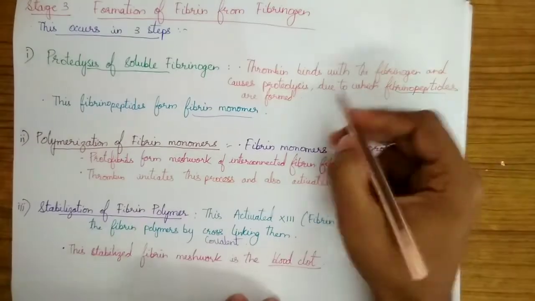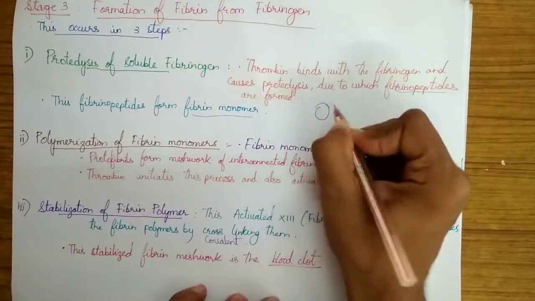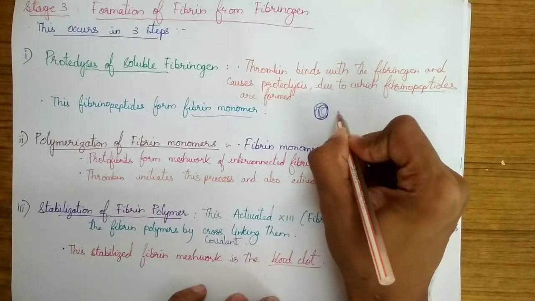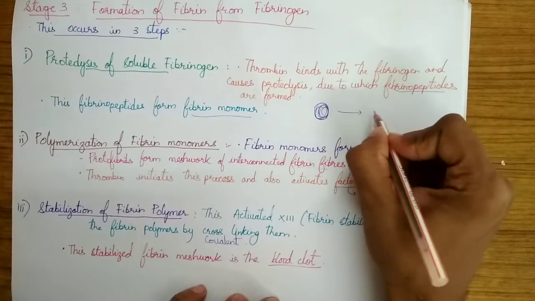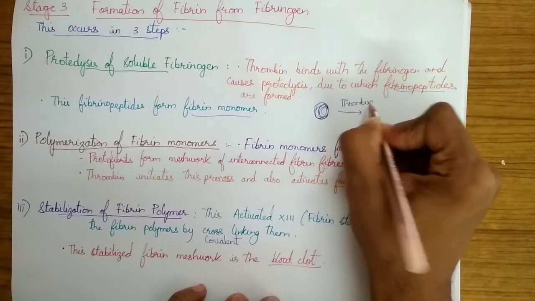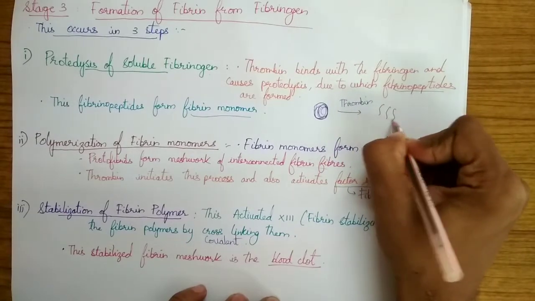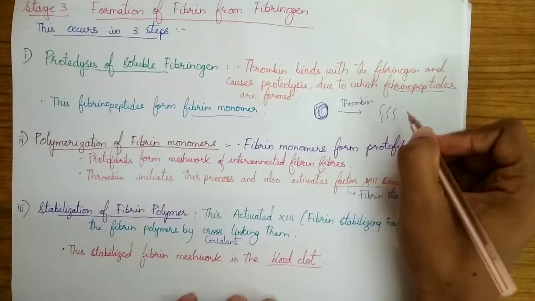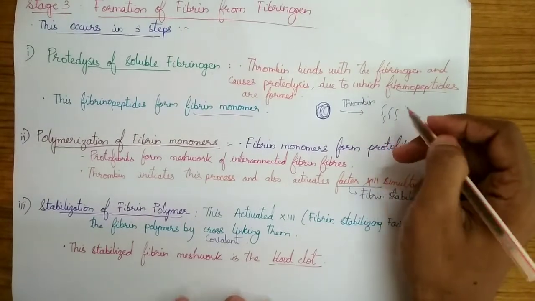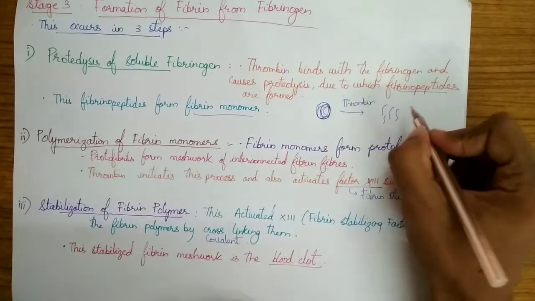So you can understand this as there is a fibrinogen molecule. It will be soluble and it is proteolyzed by the thrombin to many fibrinopeptides. These fibrinopeptides again form the protofibrils.